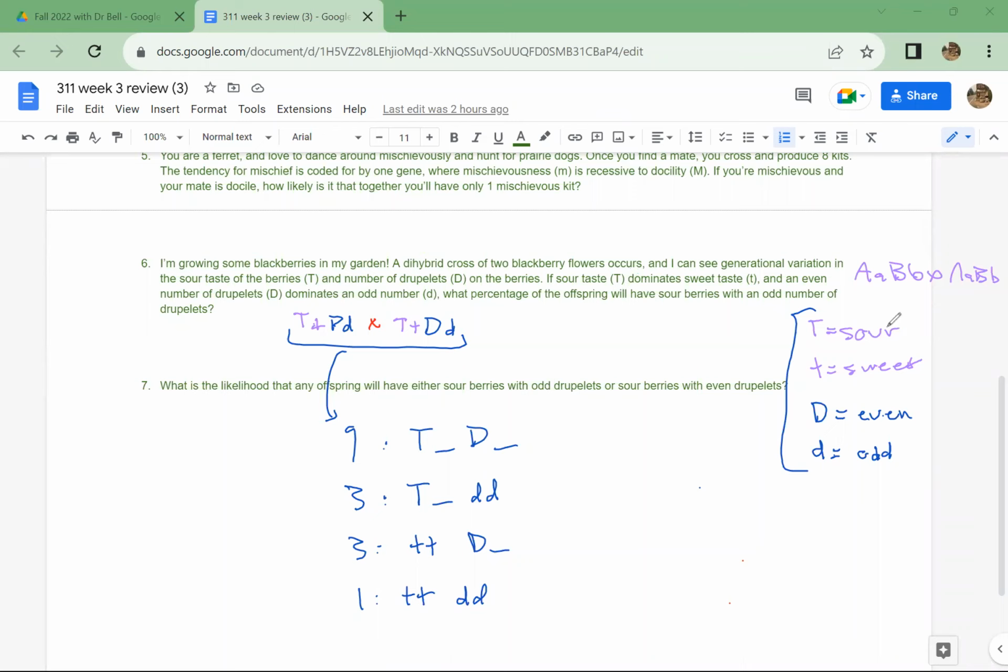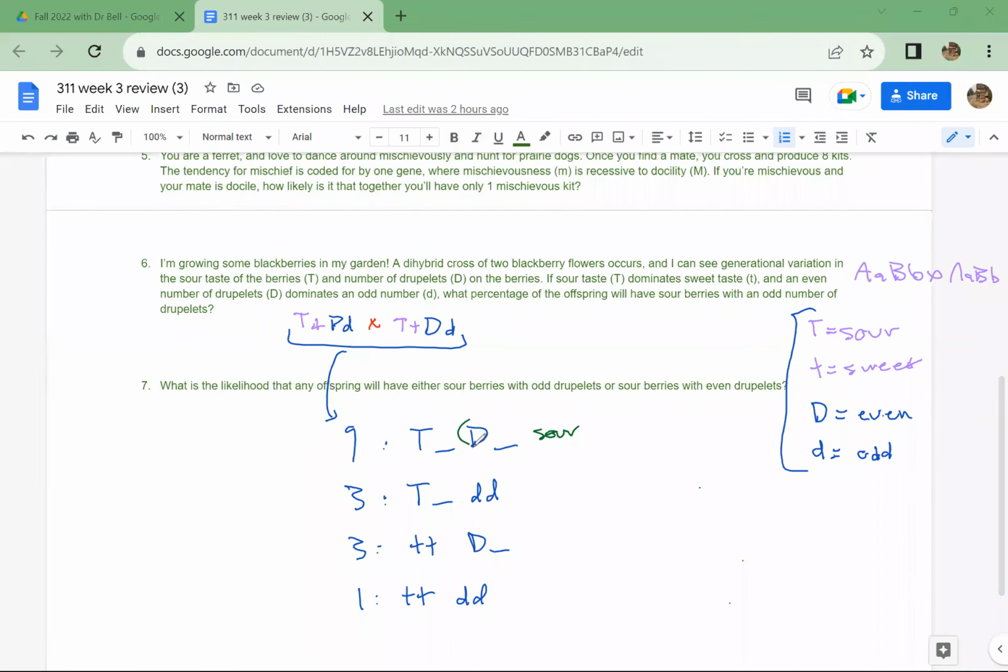We know that having at least 1 dominant allele for the T locus, the berry taste gene, makes you sour, because we have at least 1 dominant allele.